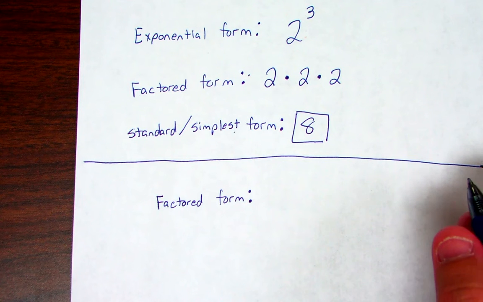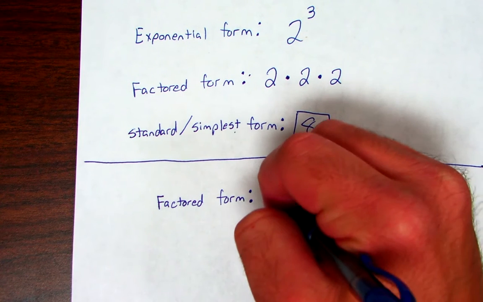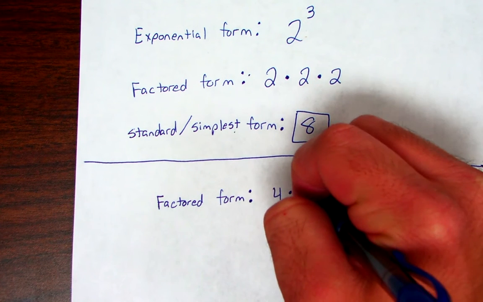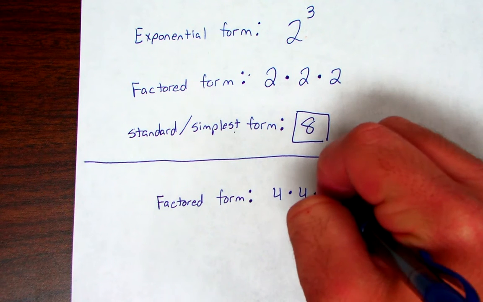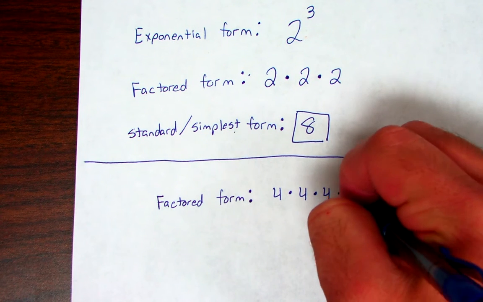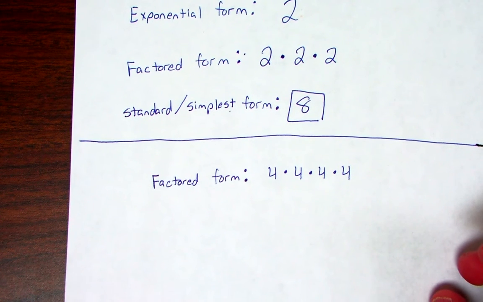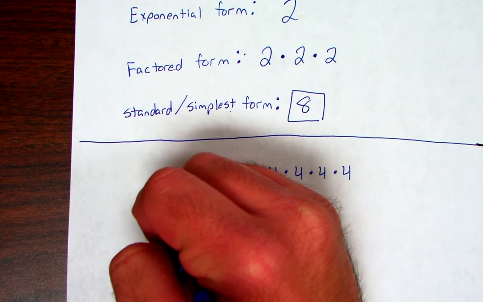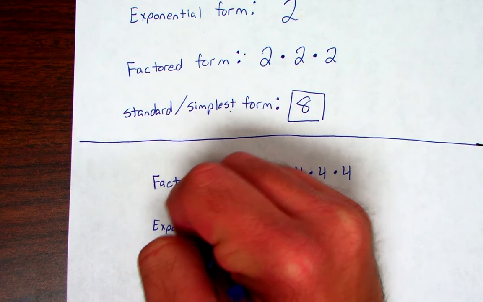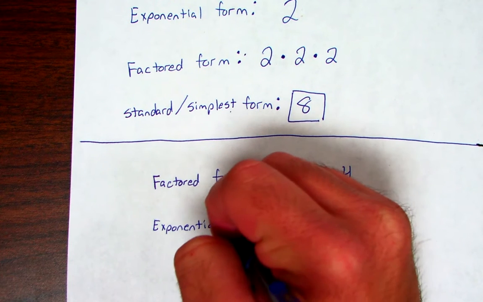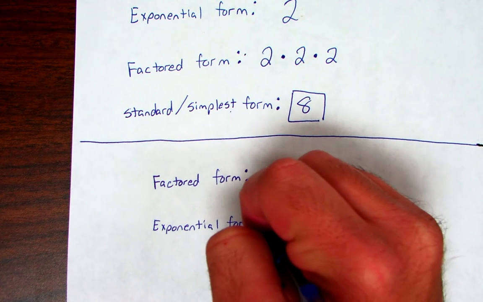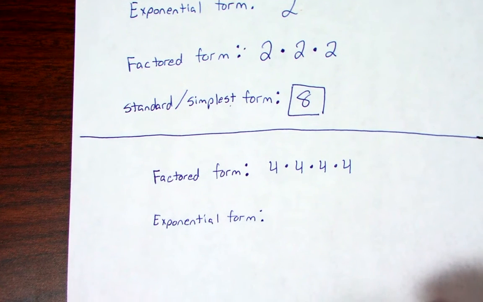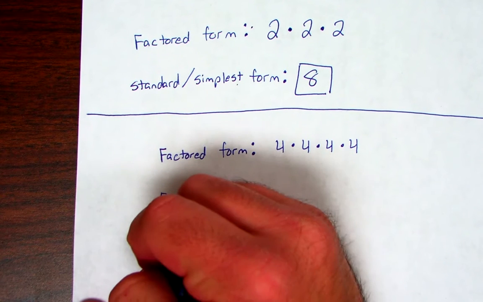Let's see how we are with multiplying our 4s. Oh, this is going to be a challenge here. So what is your exponential form? And then I also want your standard slash simplest form.